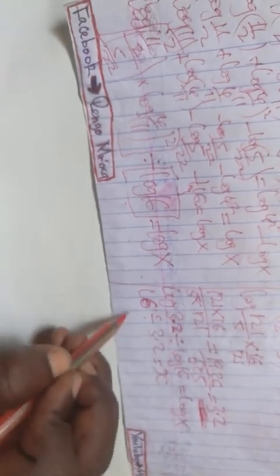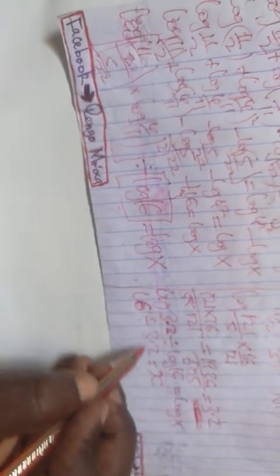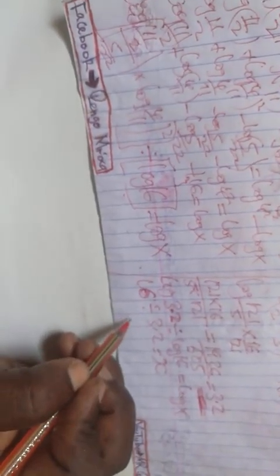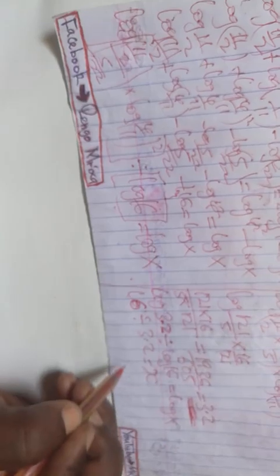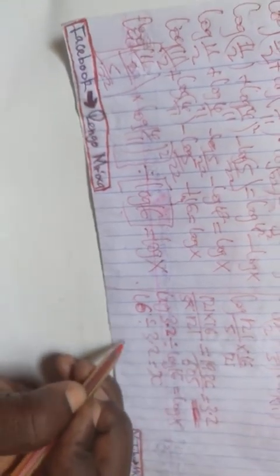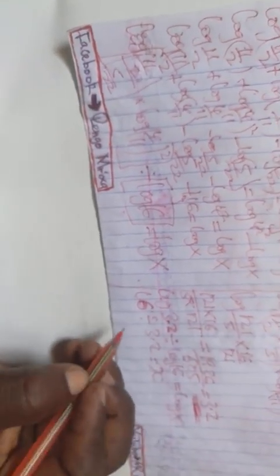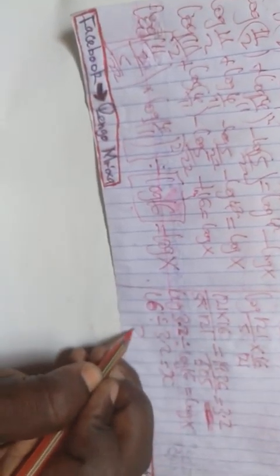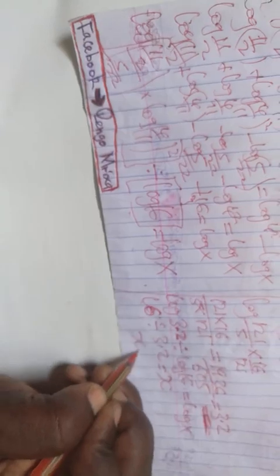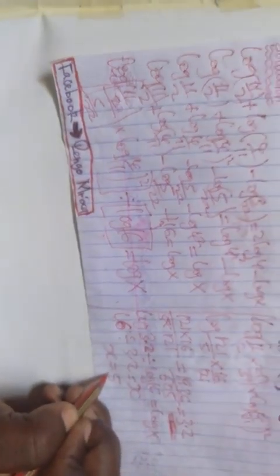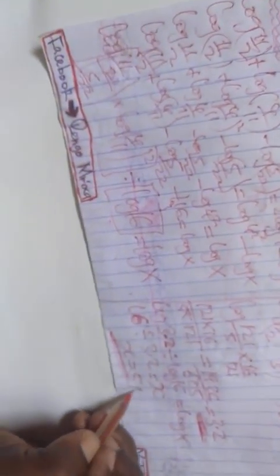Therefore, 16 divided by 3.2, we get 5. We are not interested in the decimals. Therefore, x is 5. We consider x to be 5 as our answer.